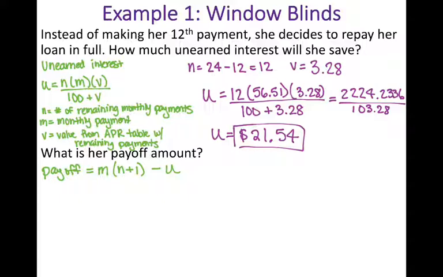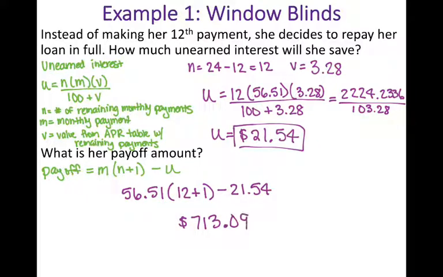Going back to this problem, the monthly payment was $56.51 times 13, since there are 12 payments left plus the one she still has to do, minus the unearned interest, $21.54, and that is her payoff amount. So that is $713.09.